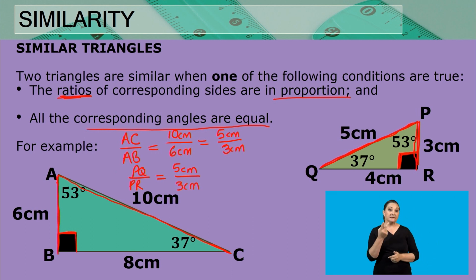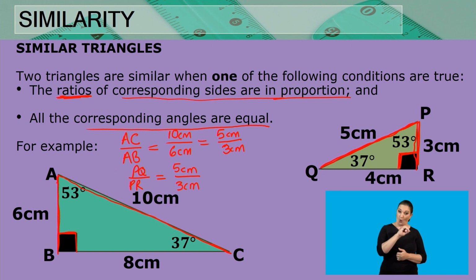Now we can see that 5 centimeters divided by 3 centimeters is already the simplified ratio. So when we look at the two ratios, we can see that they are equal. In fact, they are in proportion. So this means that these two triangles are similar. Why? Because the ratios of the corresponding sides are in proportion.